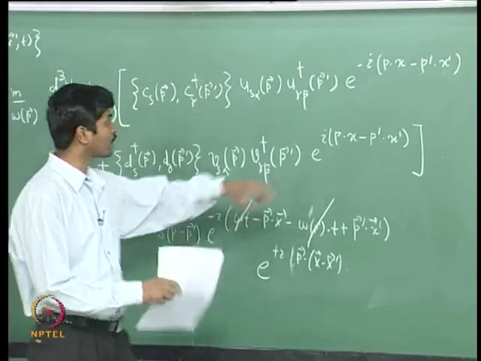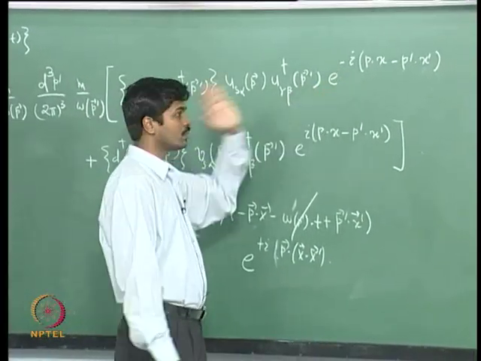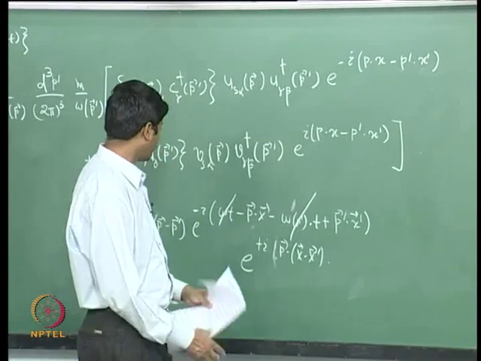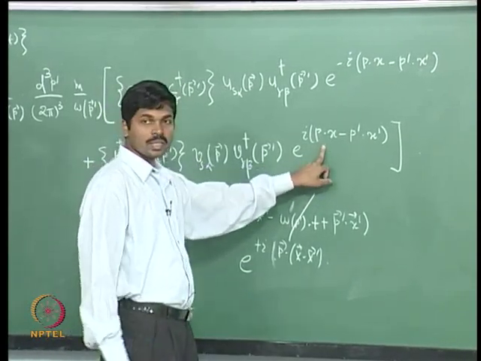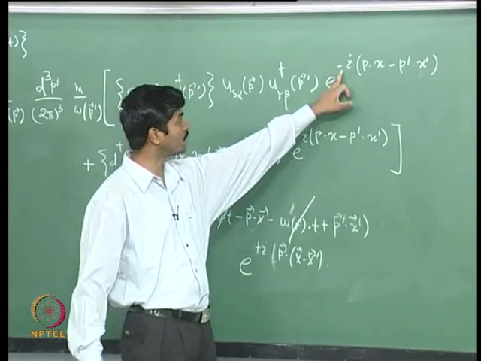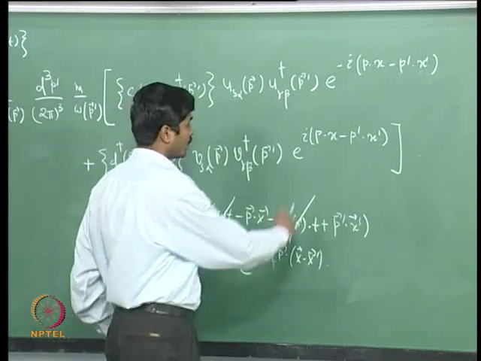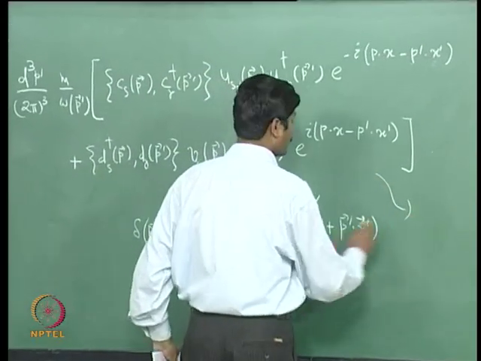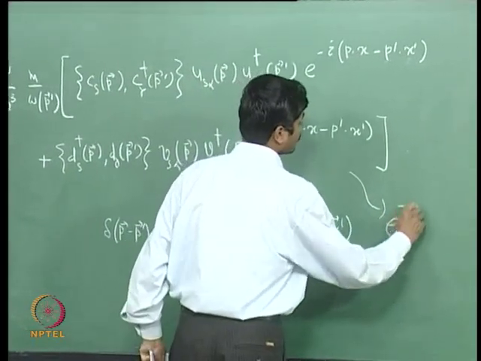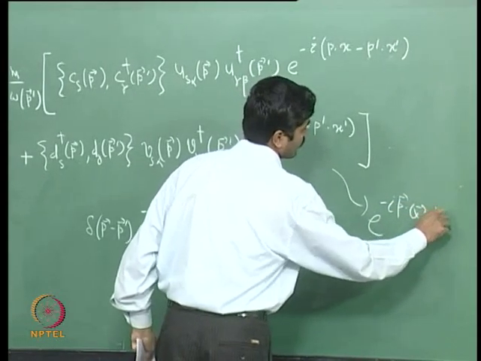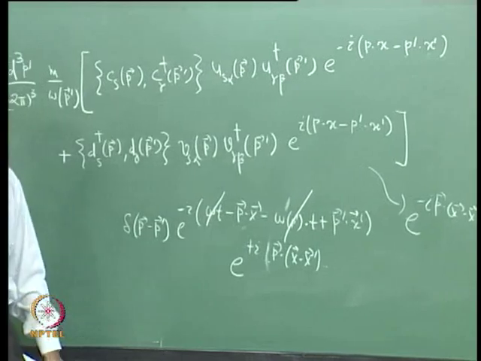That is what you are going to get here when you carry out the p prime integration. Here instead, because of the opposite sign, everything will be the same except that you will get e to the power minus I p dot x minus x prime. This is what we are going to get.